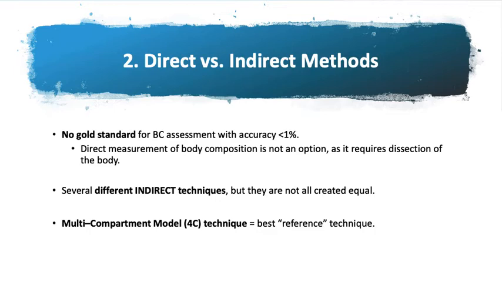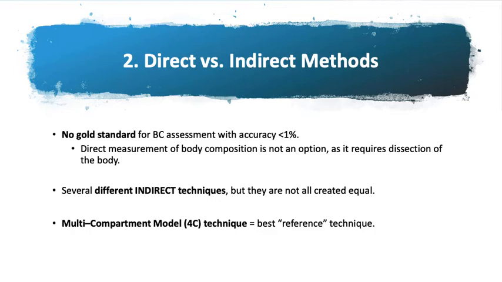The closest researchers can get to a direct method of body composition, as far as accuracy goes, is by using the multi-compartment model, also known as the 4C technique. It's called the 4C because you're splitting the body into 4 components, and we'll talk about this on the forthcoming slide. This is considered the best reference technique, but I want you to be mindful of this.